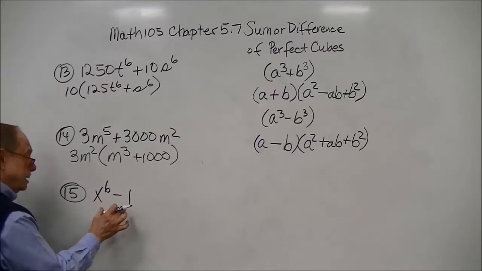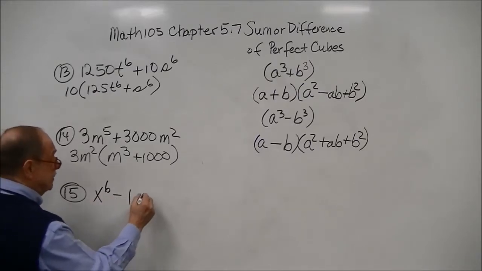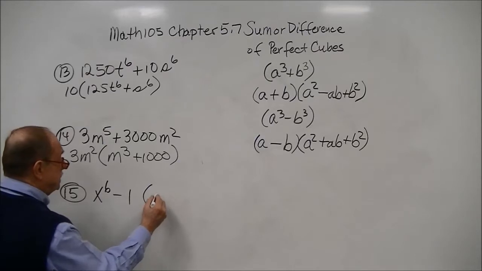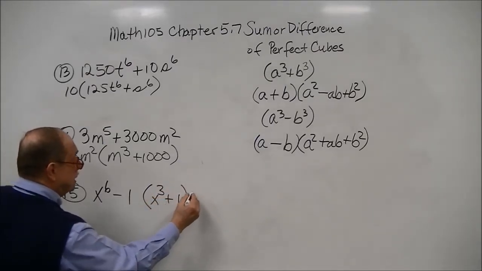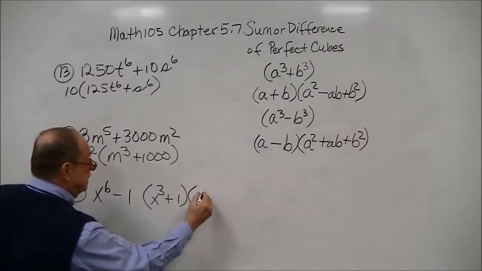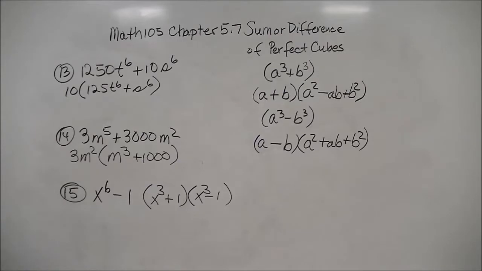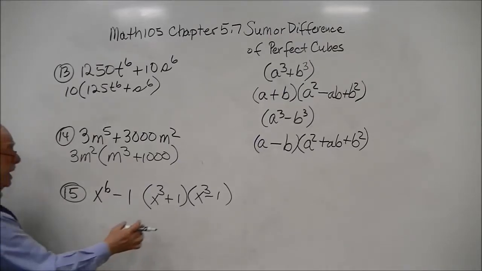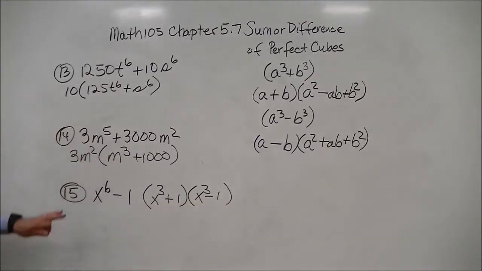You can factor this into its conjugates, which will be x to the third plus 1 and x to the third minus 1. Now we have the sum and difference of perfect cubes. This one was a little tricky. So we'll get to that one in a little while, but let's do some of these.